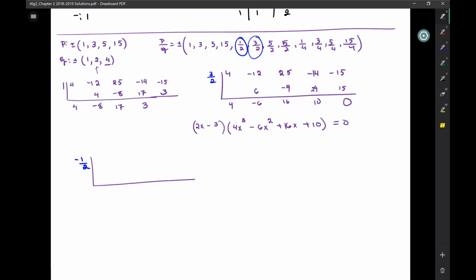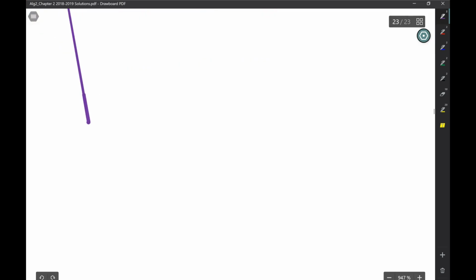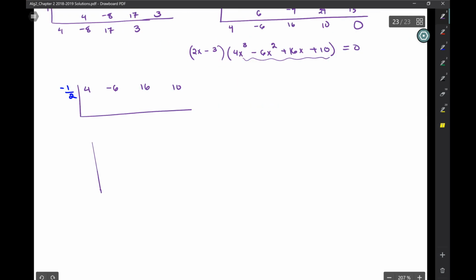All right. So now, let's do negative 1/2. I'm going to put in these numbers here: 4, negative 6, 16, and 10. So 4, oh, sorry.